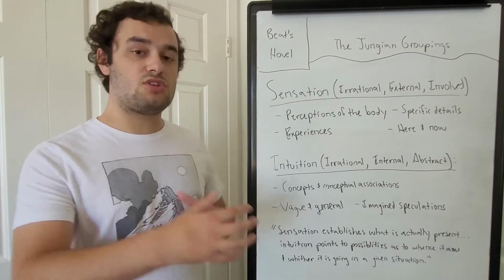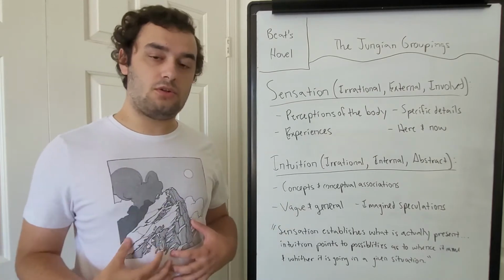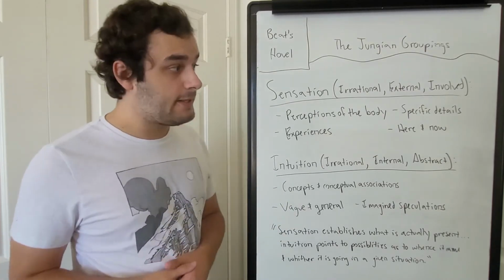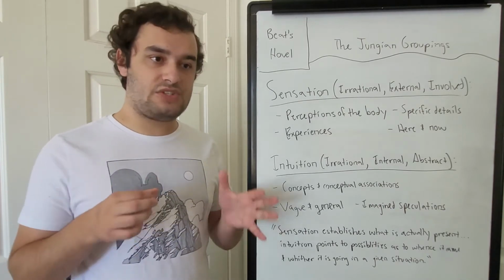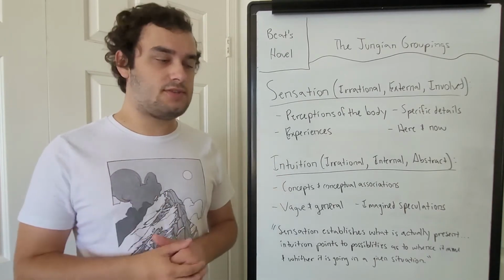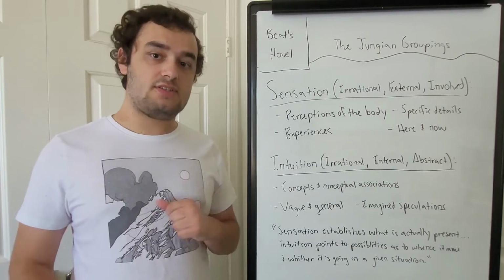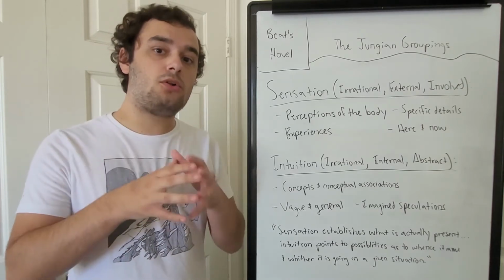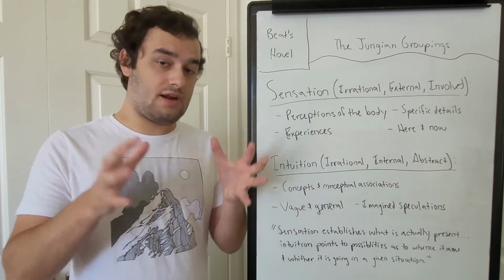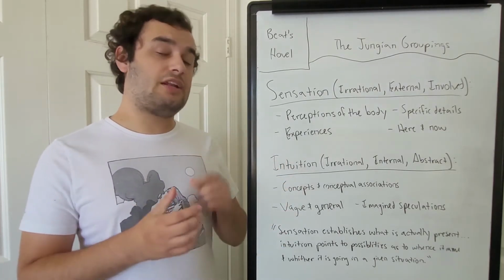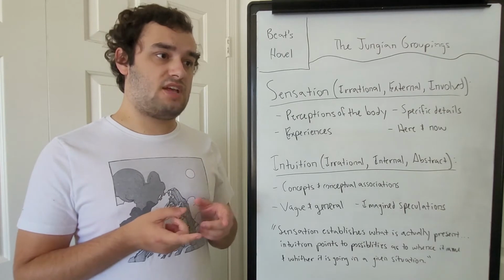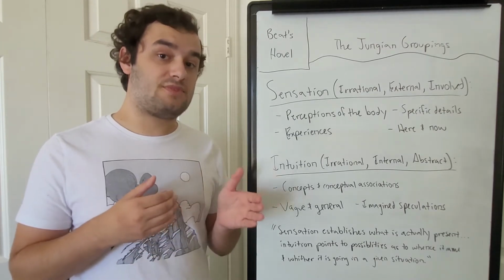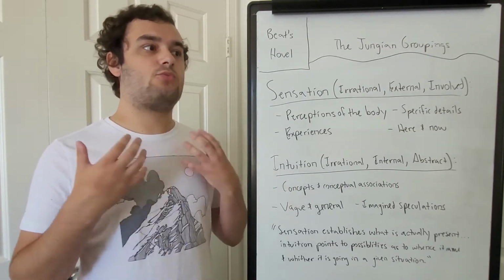Well, it's perceptions of the body, things that you can feel, things that you can sense internally, also specific details that you notice with your senses, experiences like an actual full sensory experience together, everything, which can include things like, for example, more long-term sensory stimulation, like being in a room.